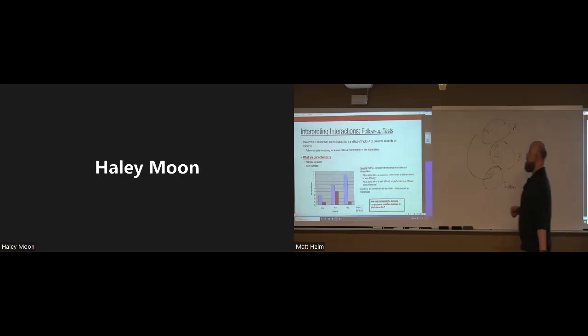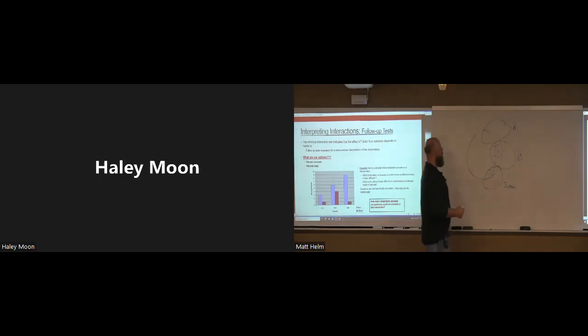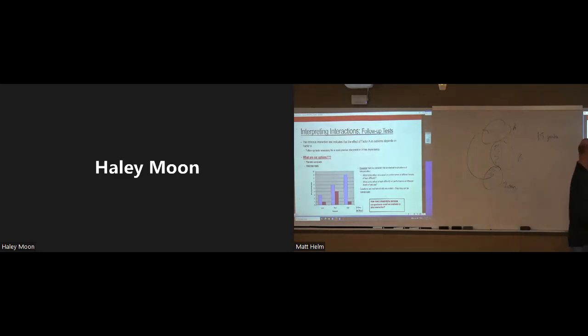And remember, 6 times 5 divided by 2 gives us 15 possible pairwise comparisons in this 2x3 interaction. I've got 1, 2, 3, 4, 5, 6, 7, 8, 9, 10, and so on. So if we're just looking at the number of possible pairwise comparisons, I'm up to 15.